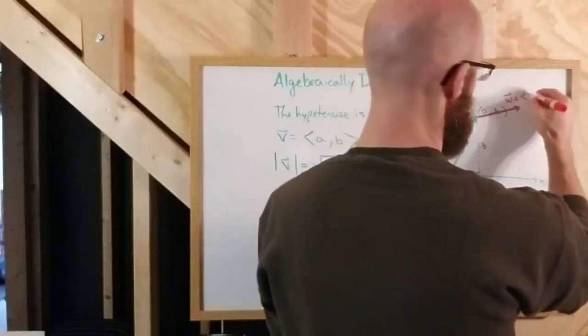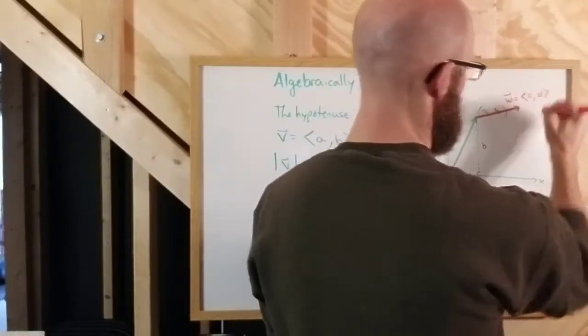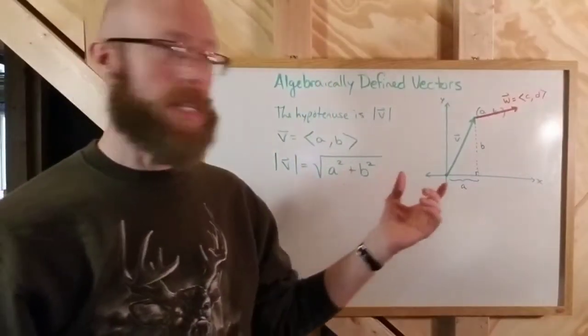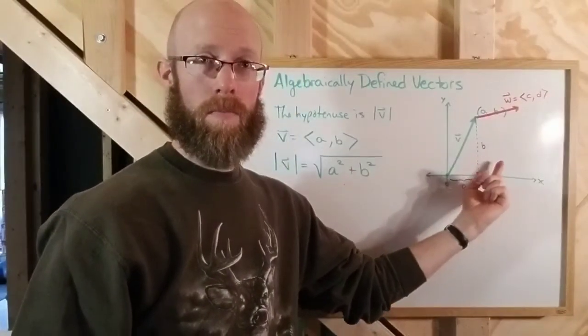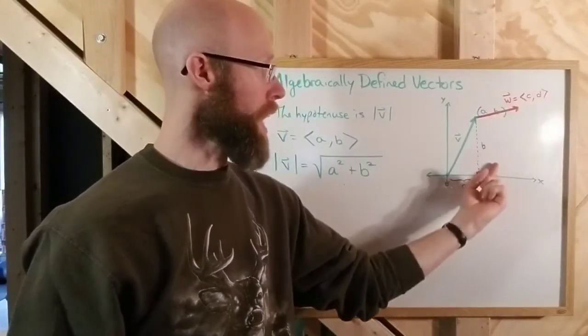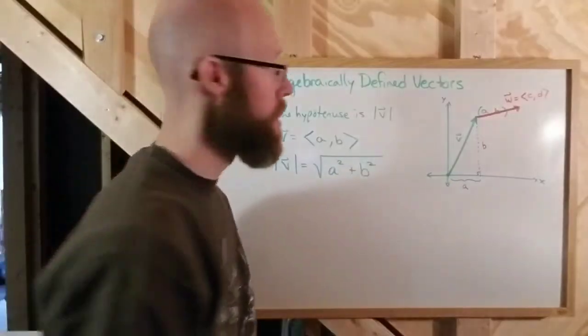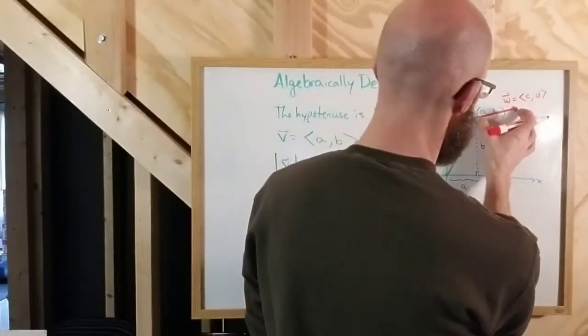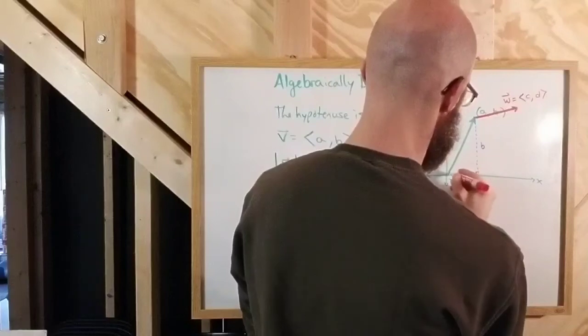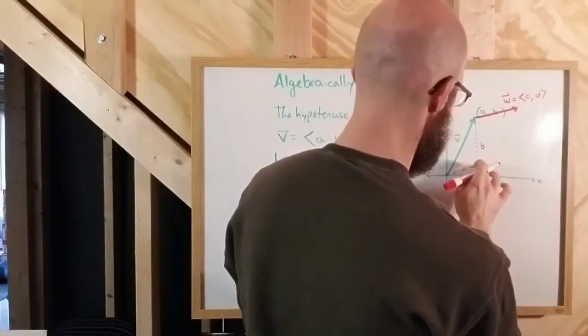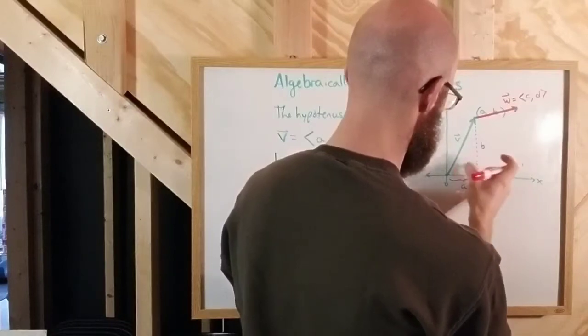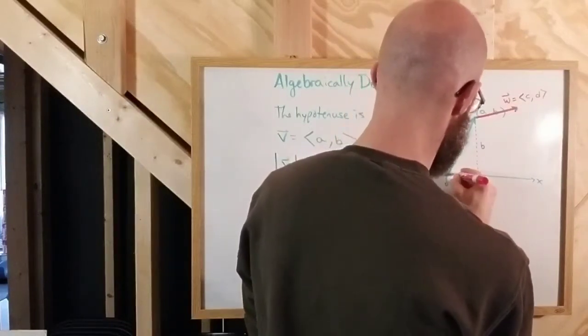We'll call it ⟨c, d⟩. Now (c, d) is what you get if you take that vector and move it back to the origin. (c, d) would be the endpoint or the terminal point, right? So if I were to take that same vector and run it parallel from the origin, let's see if I can make that look nice.